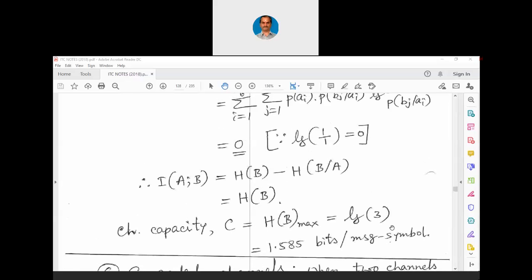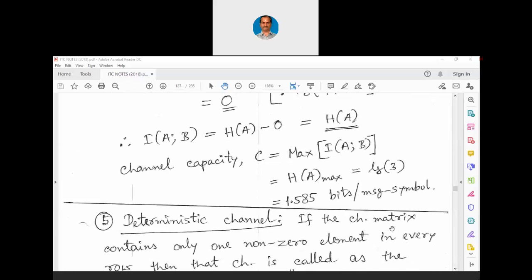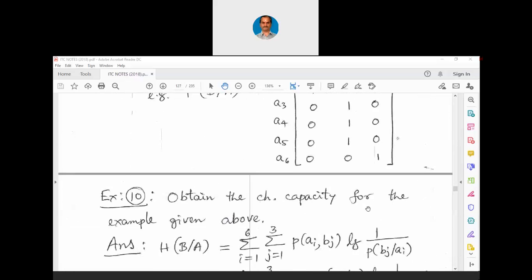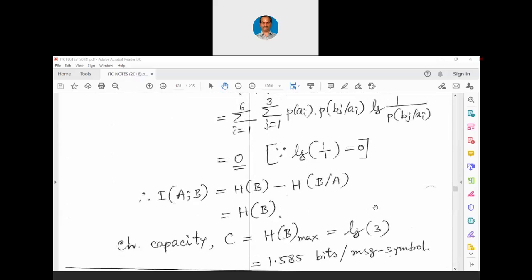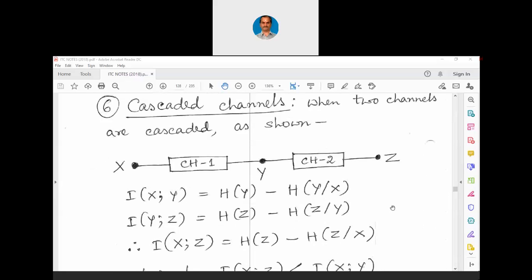So we have seen till now totally 5 types of channels, and we have seen both for noiseless channel and the deterministic channel, the channel capacity remaining the same for this particular given example. Now let us come to the 6th concept called cascaded channels.